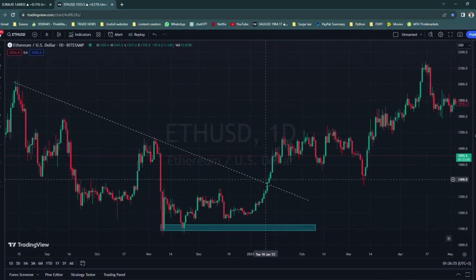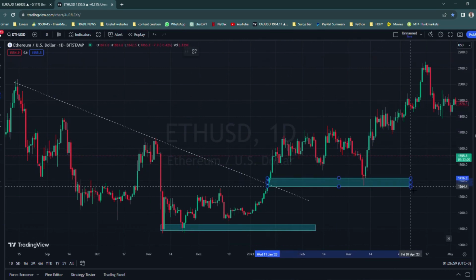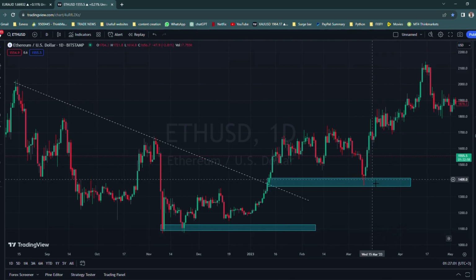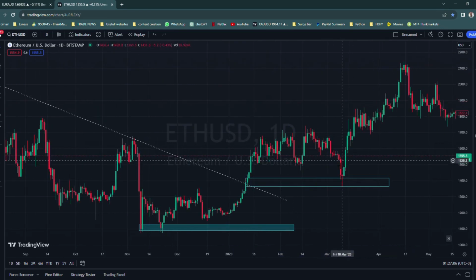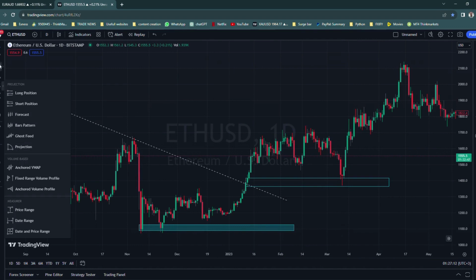When it breaks, we see a point of resistance being created where the market breaks from, and that's exactly where the market retests, and this is our good position to open a long position on Ethereum USD.